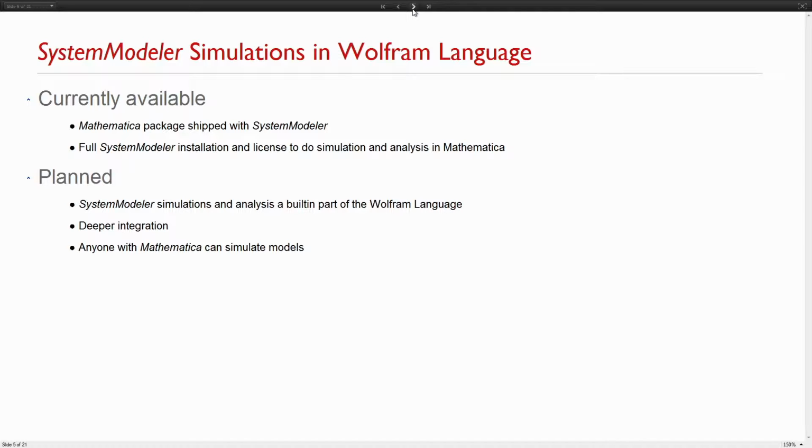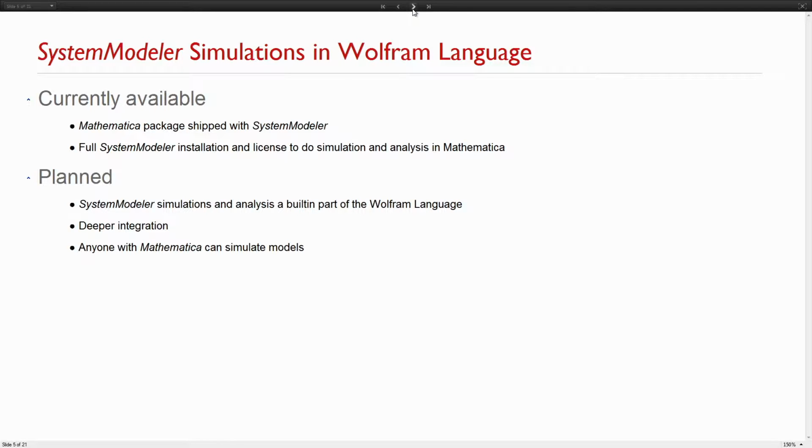What we have planned is to make SystemModeler simulations a built-in part of the Wolfram language. What that means is when you buy Mathematica, for example, you get a version of the SystemModeler kernel running behind the scenes, with Mathematica, with the Wolfram language, and you get a deeper integration into the language.